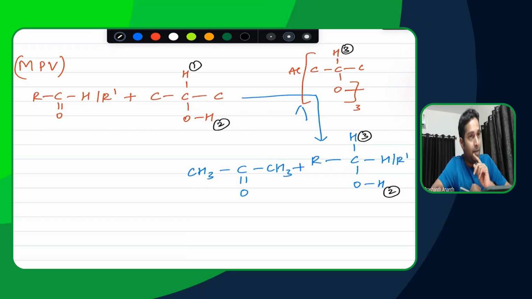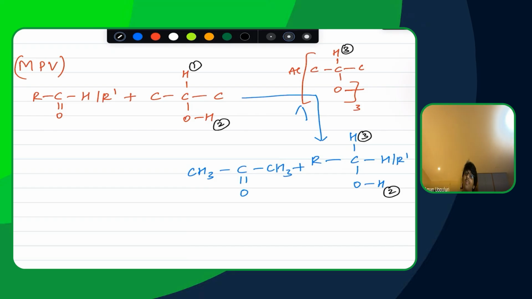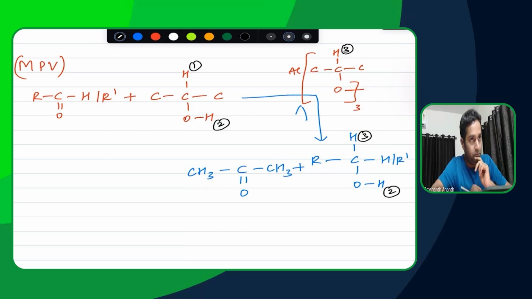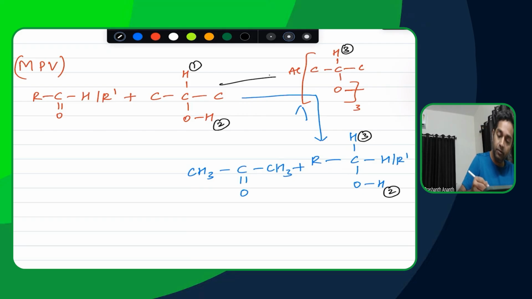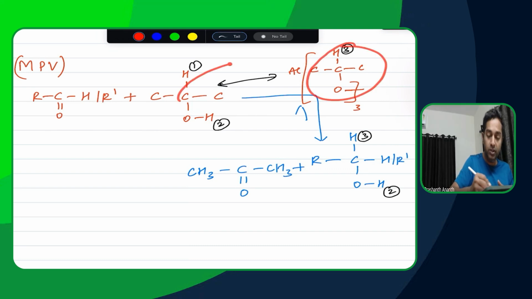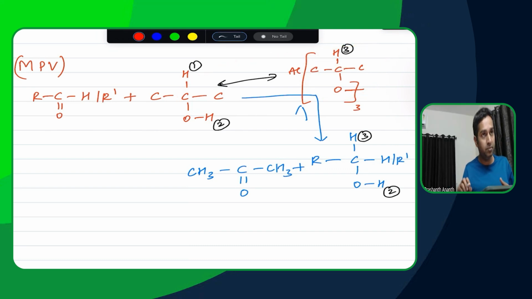Are you clear with what's happening? Yes, sir. Now, what happens in the interim, within the reaction mechanism, is these two will react as and when this particular part gets consumed. As more and more of this gets consumed, this will go and provide to become this.